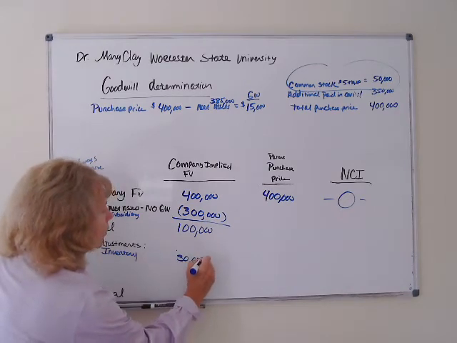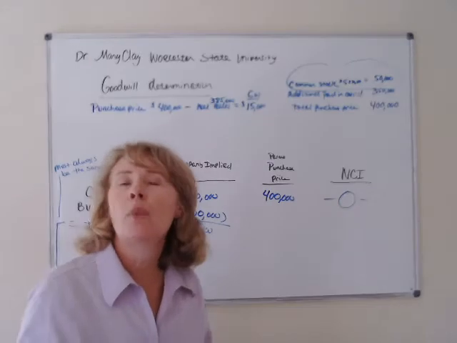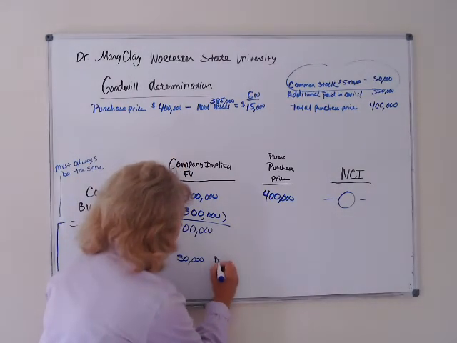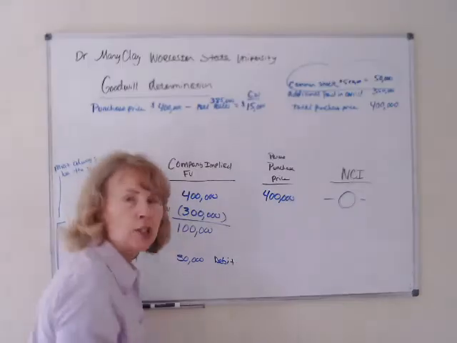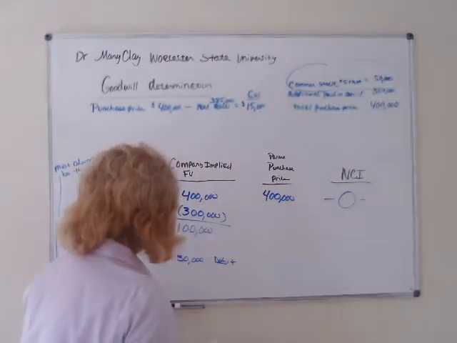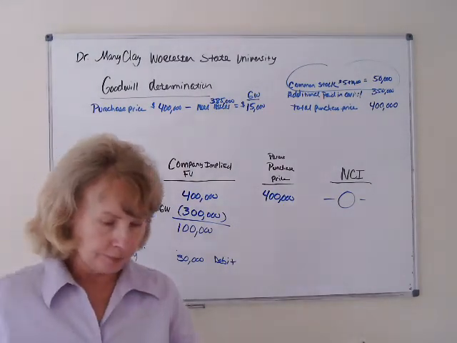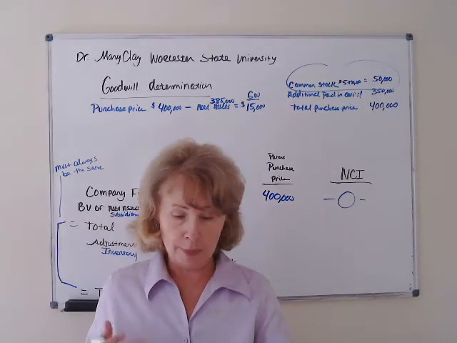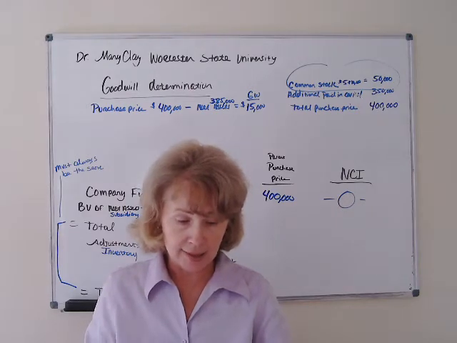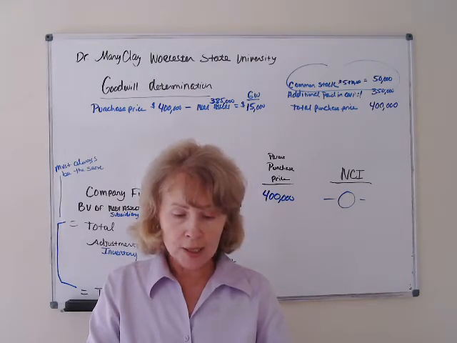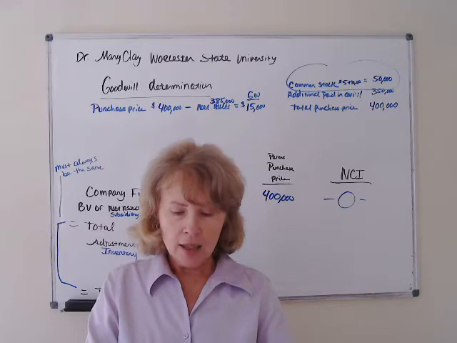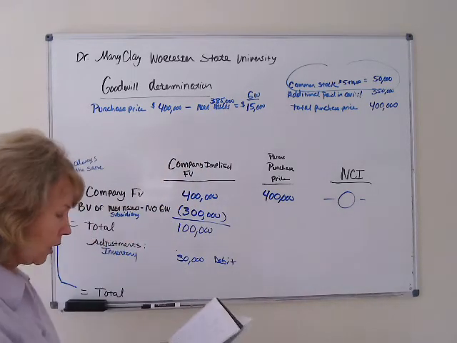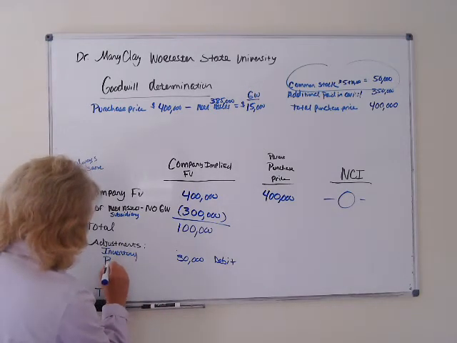Also get in the habit of, later on when I teach you the journal entry, this is going to make your life easier. Put the word debit so you know when you do your journal entry what you're going to do. Now we go to the next item. It says patented technology. A patent, absolutely, that's a nice asset. So it was 180. The fair value is 200. So I am going to make an adjustment for 20,000.